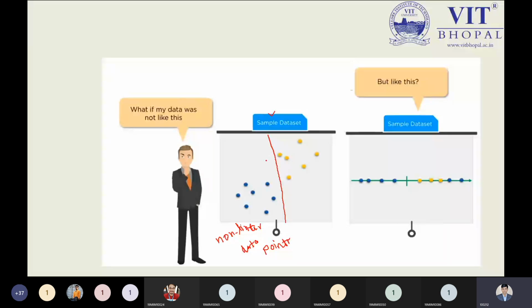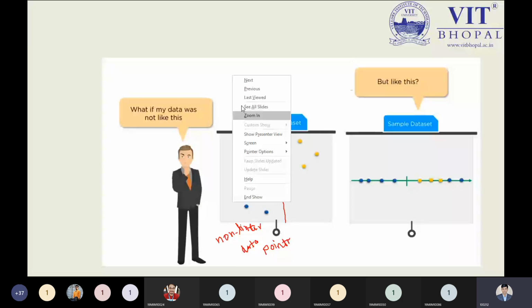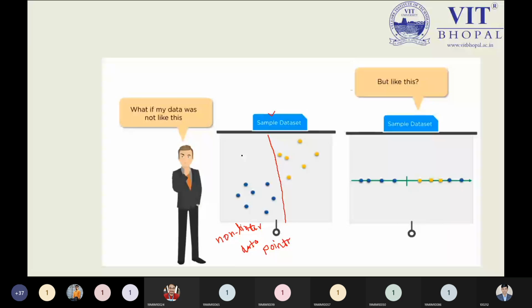Okay, you can decide another hyperplane like this one. You can decide another hyperplane like this one, and maybe you can take this one. So in the non-linear data point, we can decide the hyperplane. There's no issue.